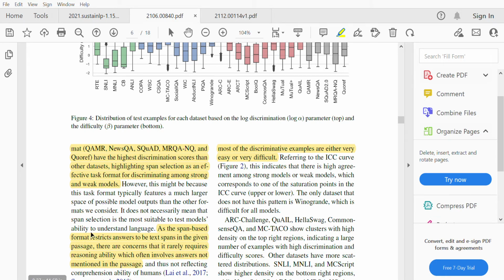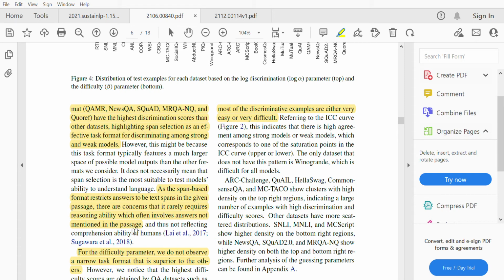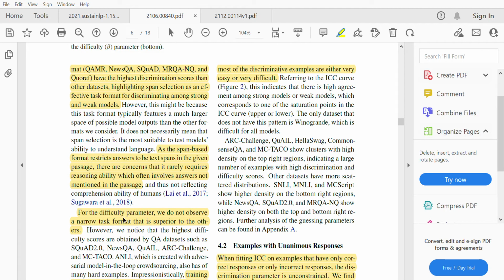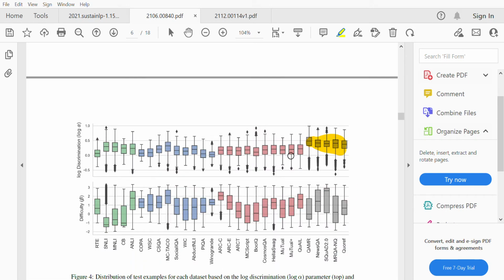As the span-based format restricts answers to be text spans in the given passage, there are concerns that it rarely requires reasoning ability, which often involves answers not mentioned in the passage. This definitely provides some cause for concern, but on its face, it makes sense. For the difficulty parameter, they don't observe a narrow task format that is superior to others. They show this here. The span tasks on that first point are highlighted here.